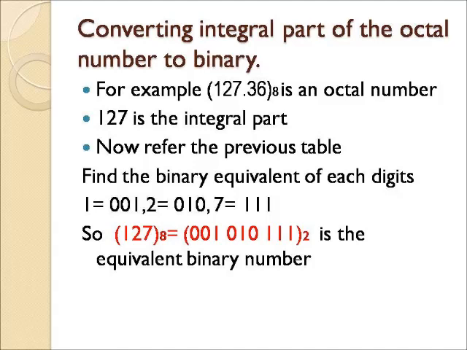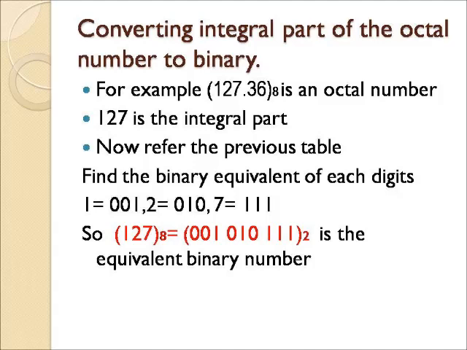First, see how we can convert the integral part of an octal number to binary. In our example, 127.36 is the octal number, and 127 is the integral part. So we are going to refer to the previous table.